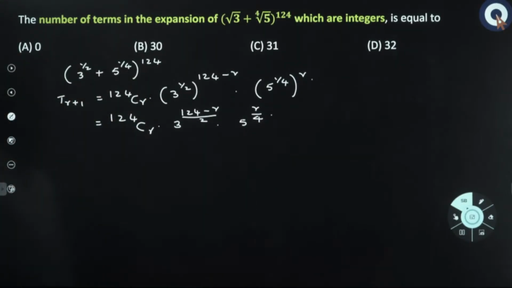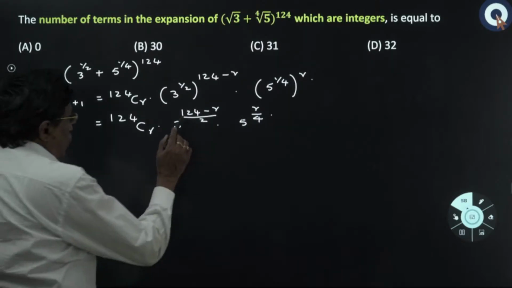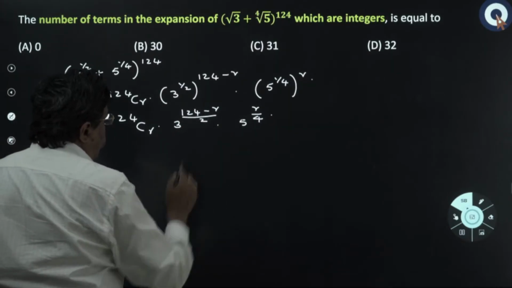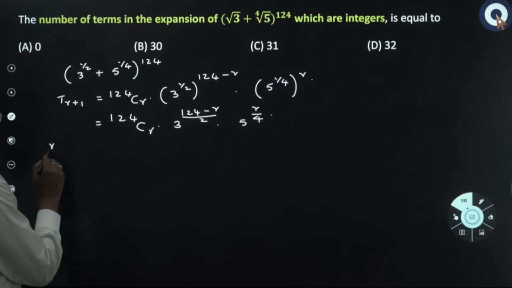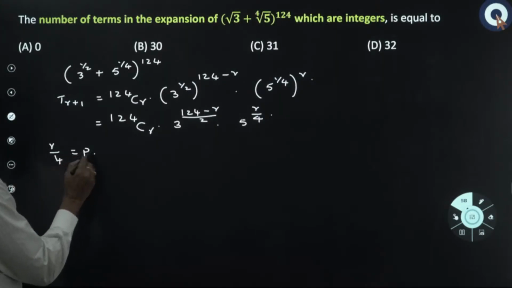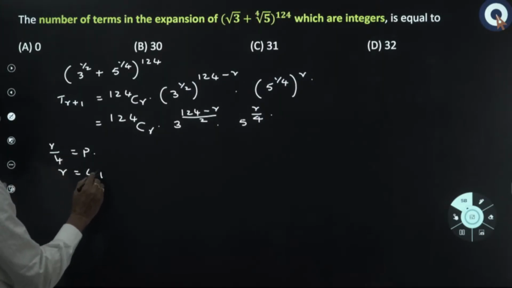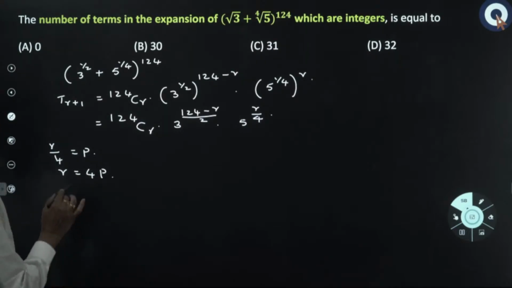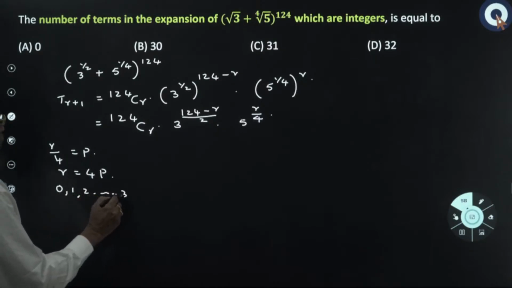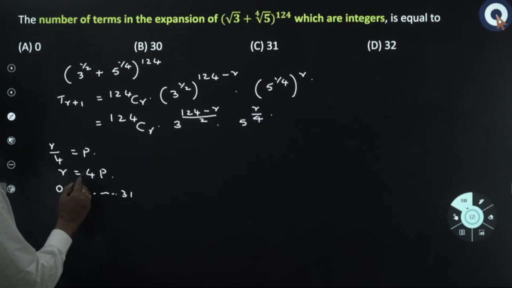If the term has to be an integer, the powers of these two should be integers. So, we should have r by 4 equal to p. So, r is equal to 4p. Now, what values can p take? p can take 0, 1, 2, 3, etc., up to 31, because 31 fours are 124. So, p can take these values.